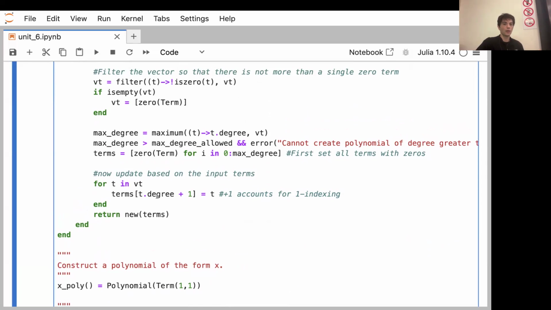The term of degree d will be at position d plus 1, won't it? Yeah, I understood what you said. You said that the i would be referring to i minus 1. Sorry, it's because this language isn't zero indexed, and that drives me crazy. My brain is set to default 0 indexing.